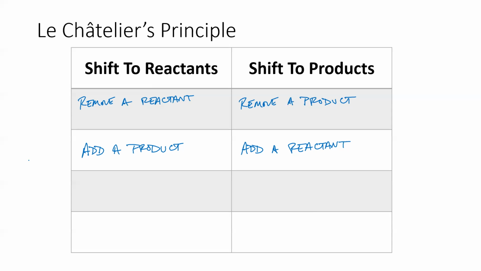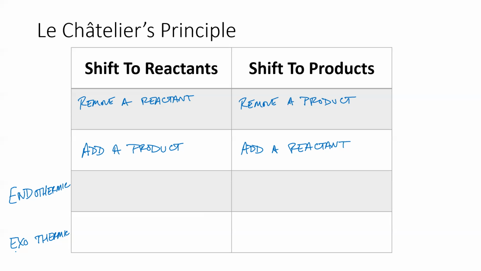So for these last two, I'm going to label this next to the last line endothermic. And this last line exothermic. And so for an endothermic reaction, tell me what happens if I heat it up.